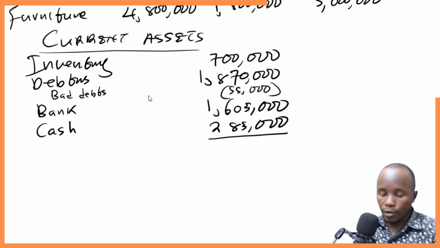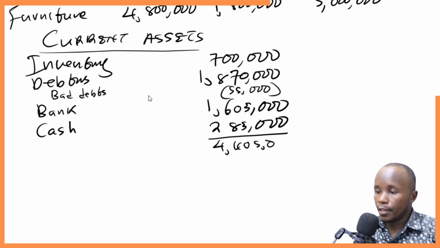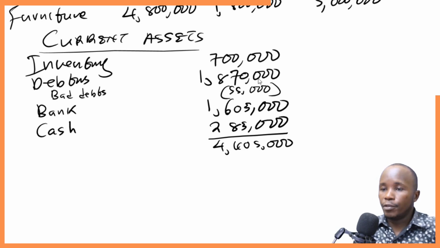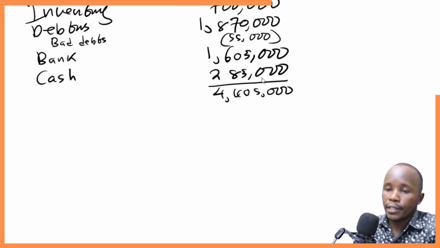So I can talk of the total current assets here being 4,405,000. Then I have to less current liabilities.